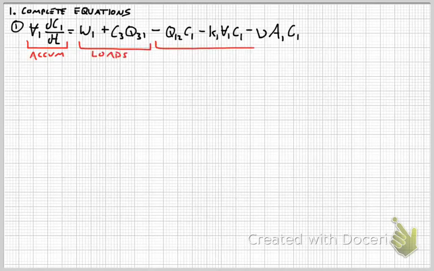Now this fits our general pattern for describing these systems, in which our accumulation on the left-hand side is balanced by the loads into the lake and the removals from the lake. That's the complete equation written out for lake number 1.